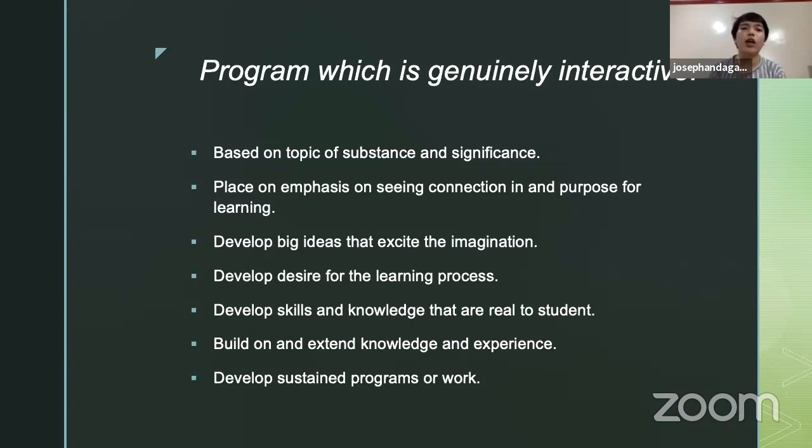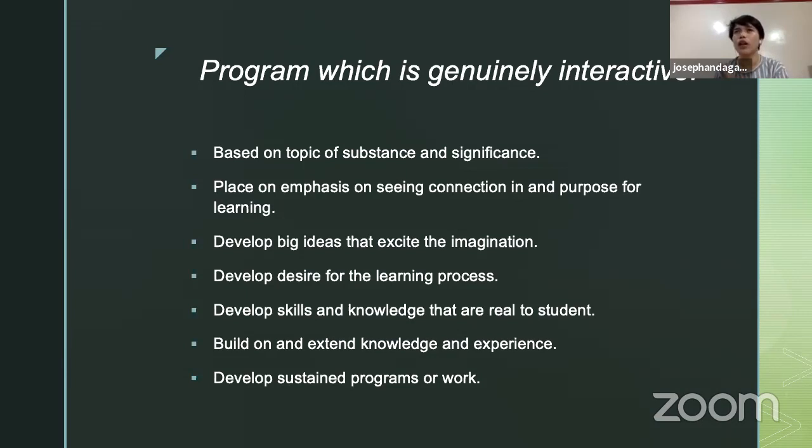And then place emphasis on seeing connection in and purpose for learning. So here, they can also easily see the different connections between the different subject areas. Unlike before, if we are going to base it on the original curriculum guide rolled out by the department, you see there are a lot of competencies.